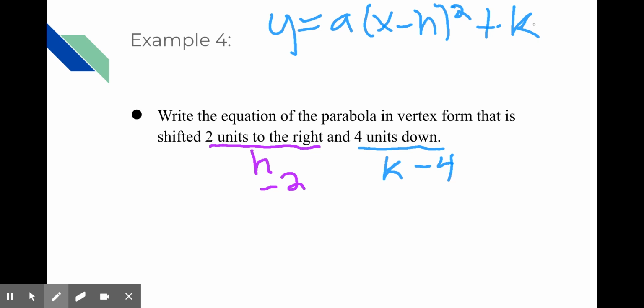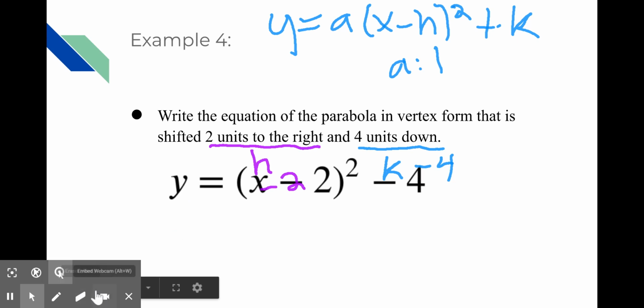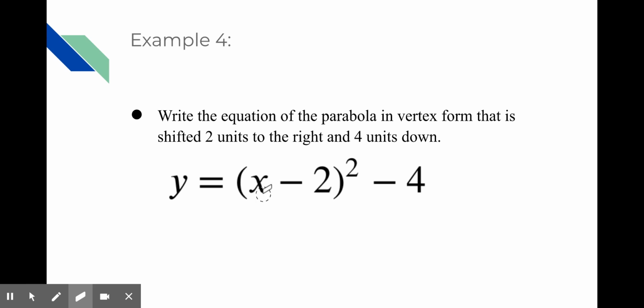They did not give us a scale factor, so we're going to assume the scale factor is 1. So they put in negative 2. They wrote the equation as y equals parentheses x minus 2.